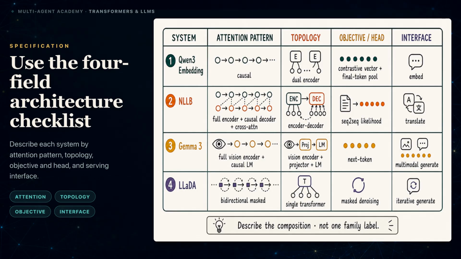Fourth is serving interface: embeddings, translation, multimodal generation, or step-by-step refinement. QN3 embedding, NLLB, Gemma 3, and LADA become readable when you fill those fields. Forcing them into one family tree creates confusion. Describing the composition is clearer. Next, we open the repeating transformer block at the center of these systems.